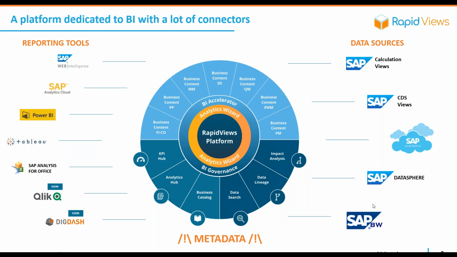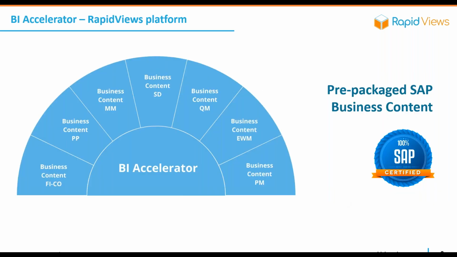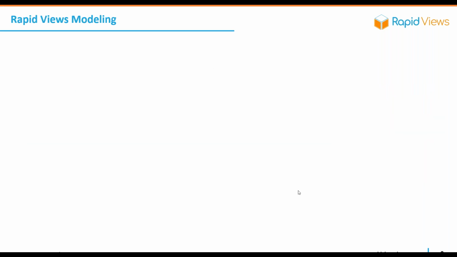Through the platform, we provide a set of different kinds of functionalities. The first main component that we deliver is what we call the BI accelerator. We provide predefined content on SAP. What is business content for us?